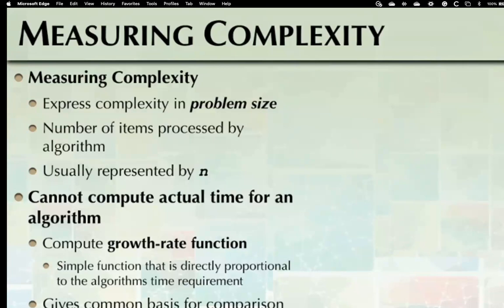The value of the function is said to be directly proportional to the time requirement. Such a function is called a growth rate function because it measures how an algorithm's time requirement grows as the problem size grows. So if it's like 10 items, that would be one thing. 100, 1,000, 1,000,000. This is where we want to be analyzing.